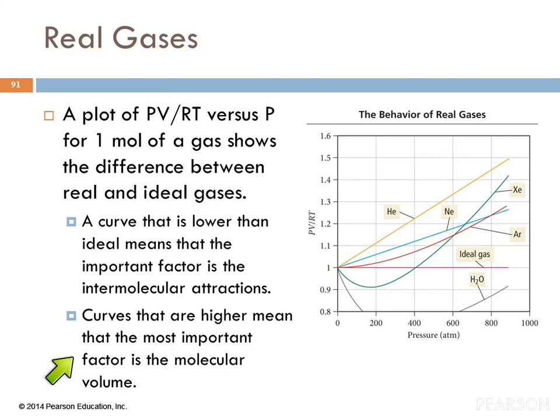Curves that are higher mean that the most important factor is molecular volume. So for xenon, up here, the most important factor is molecular volume. Helium doesn't really do much of the intermolecular attraction stuff, and so its whole deal is the molecular volume.